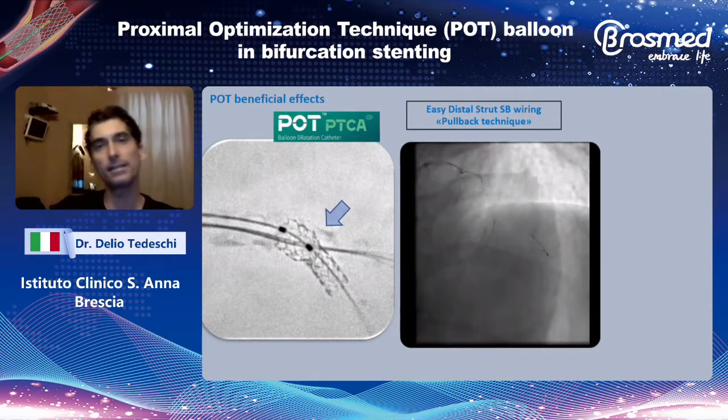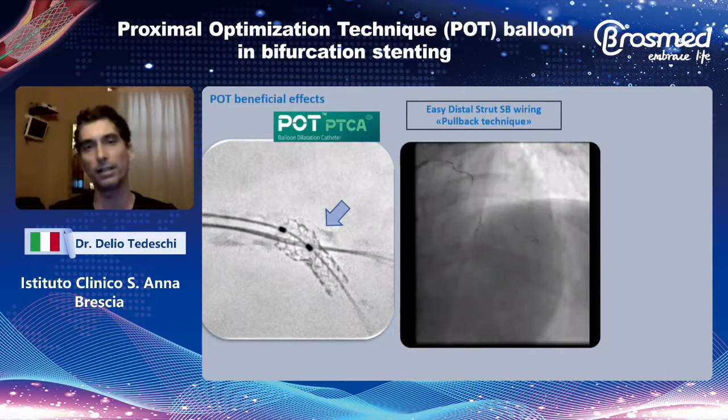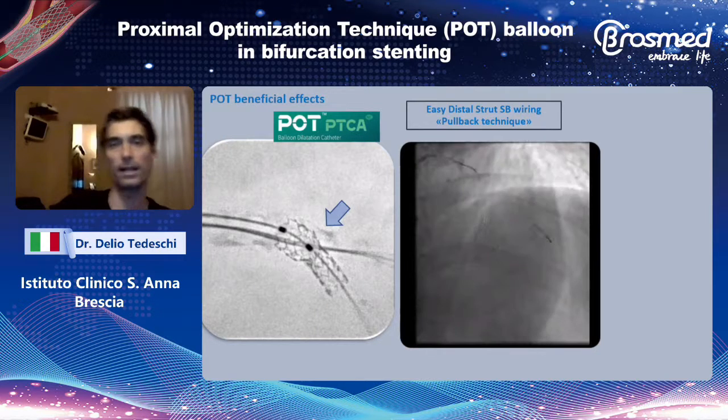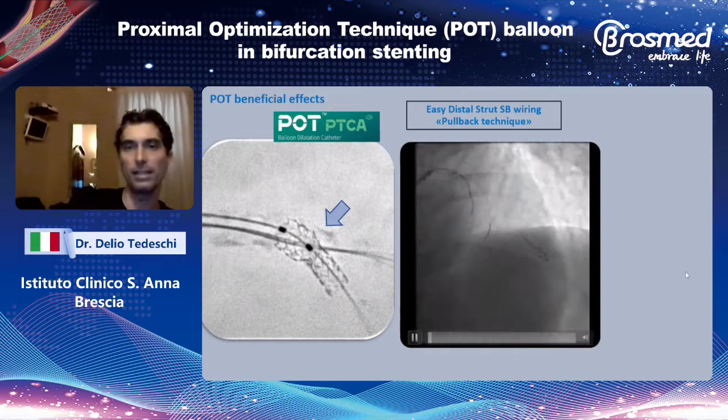And next I had maybe some problem with a small dissection in the mid part of the LAD, where I treated with a non-compliant balloon. But with some gentle rotation, the guide wire went very easily.